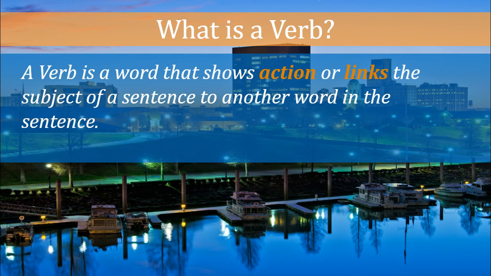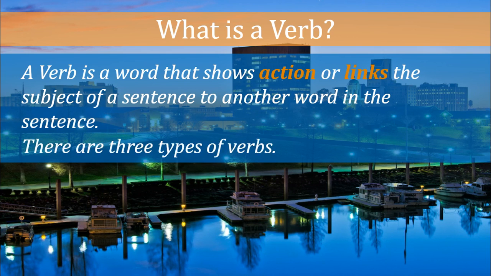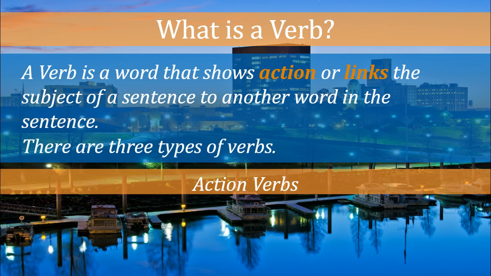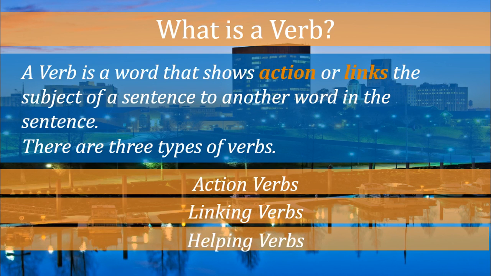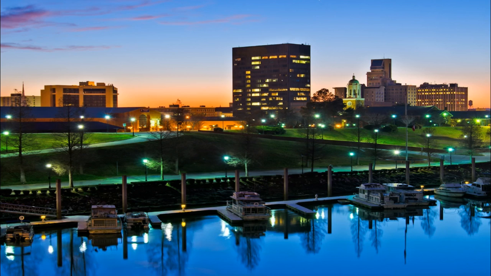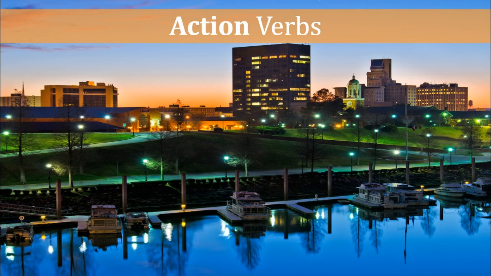And there are three types of verbs. There is the one we commonly know, the action verb. But then you also have linking verbs and you have helping verbs. All do different jobs within our writing. Let's discuss each one of these individually, following the order on your handout.